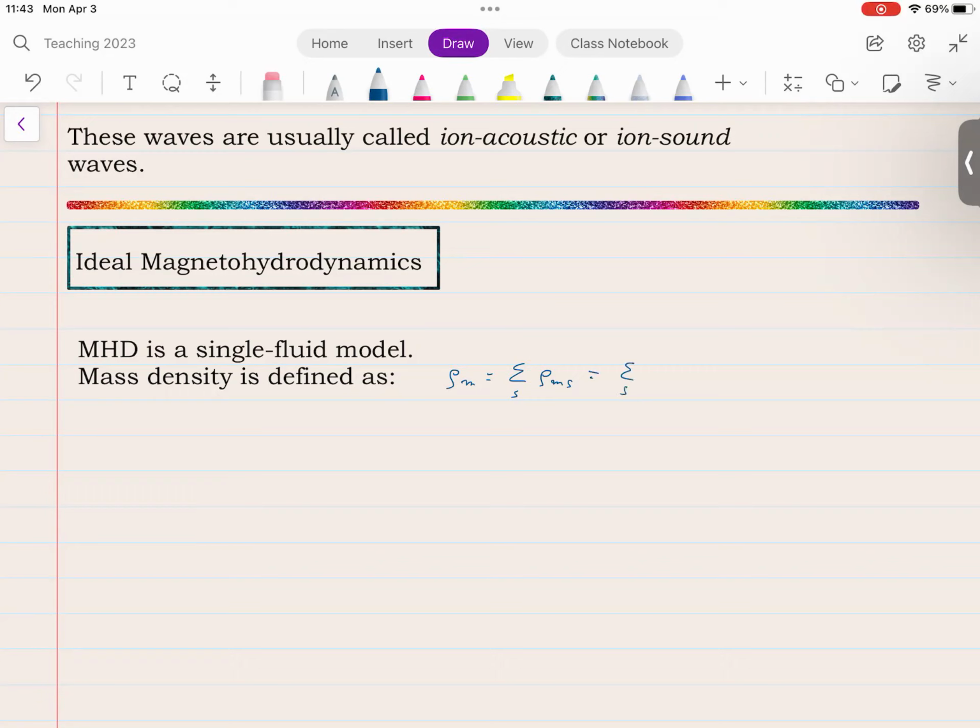Where the mass density of the species is the mass of the species times the number density of the species. Basically, this is the mass density of the ions, because electrons have a much smaller mass.